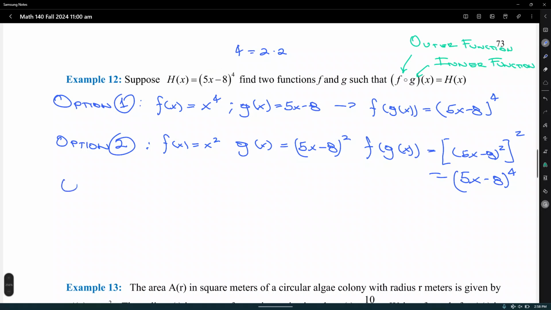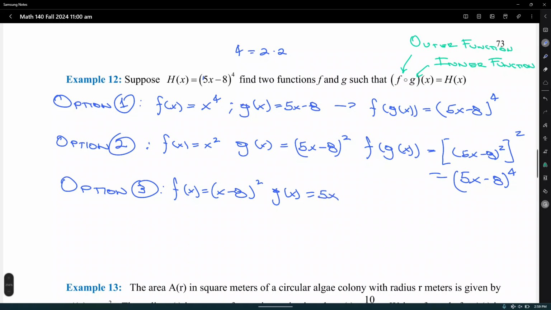Well, of course, option number 3. For option number 3, how about f of x equals x minus 8 to the fourth power, and g of x equal to simply 5x.